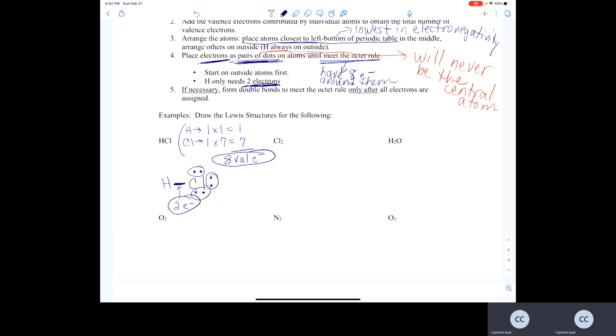So there are your 8 total valence electrons that need to be in the Lewis structure for HCl. So there is our Lewis structure for HCl. Next, we have Cl2.